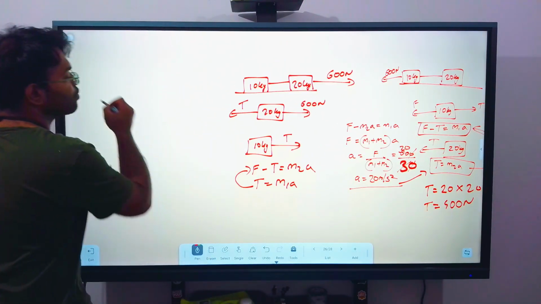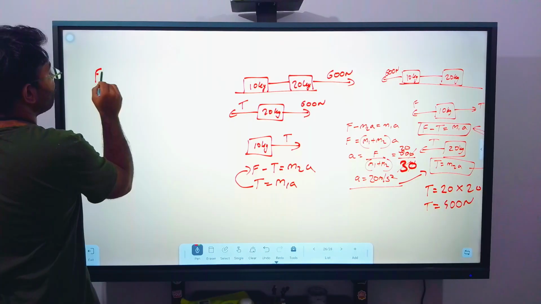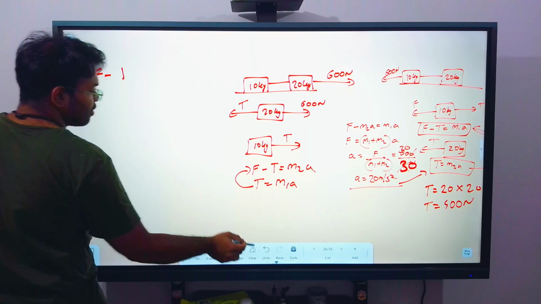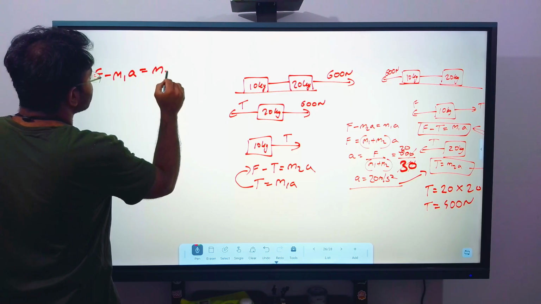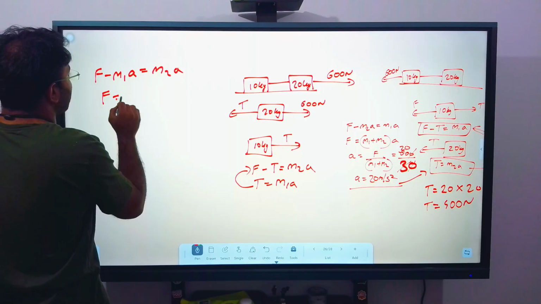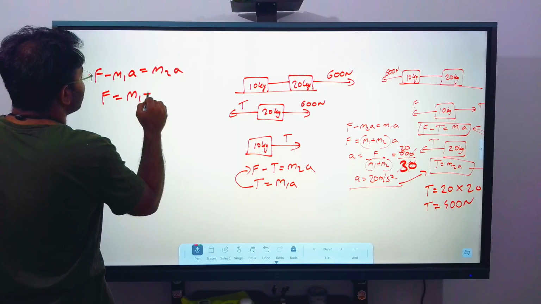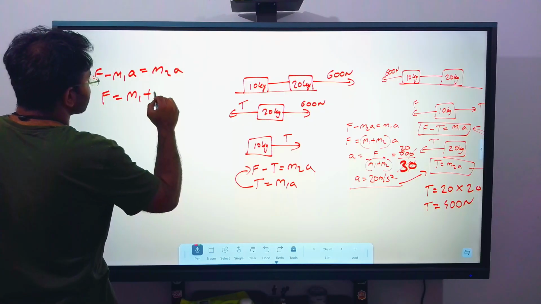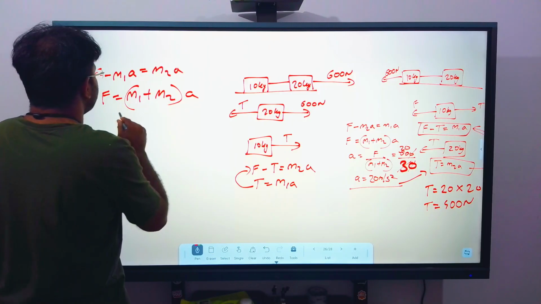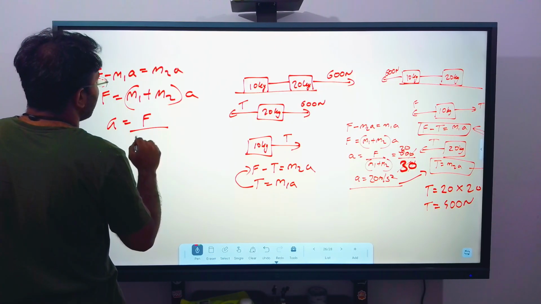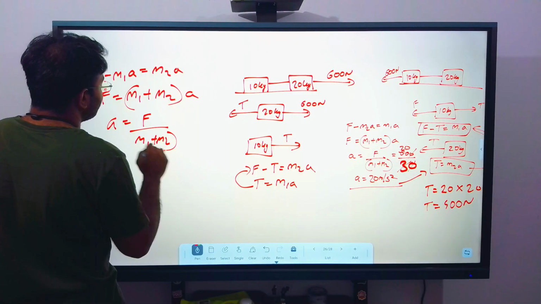You will get F minus M1 into A is equal to M2 into A. Therefore, F is equal to M1 plus M2 into A. Therefore, A is equal to again F upon M1 plus M2.